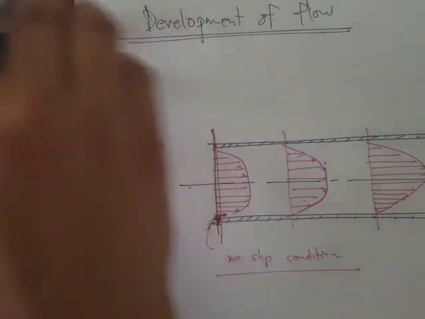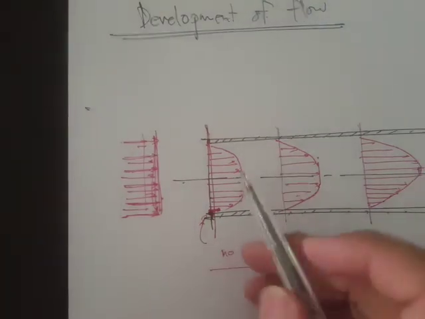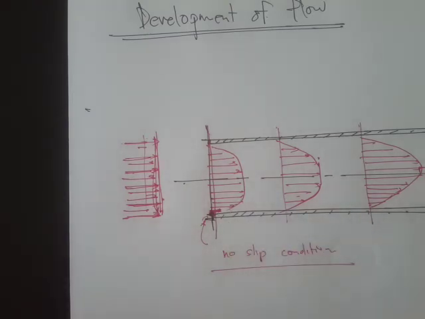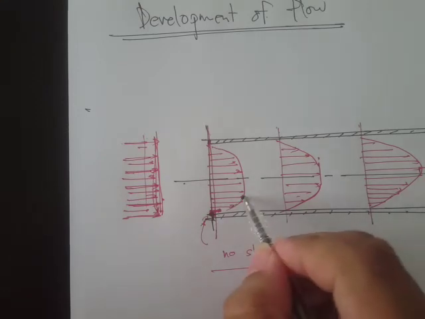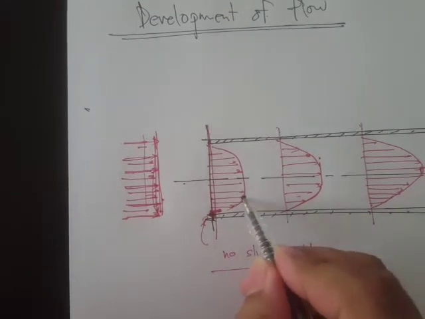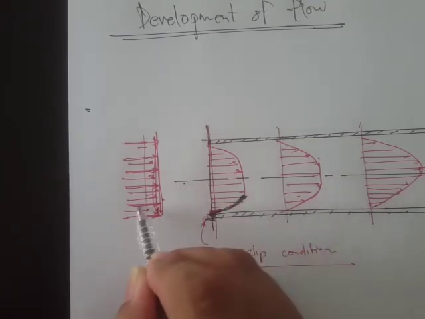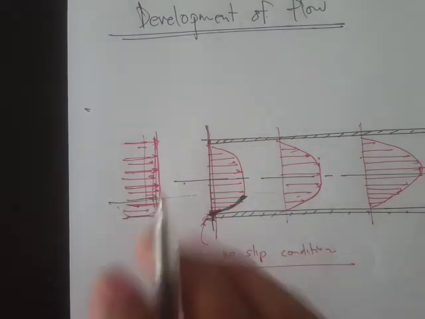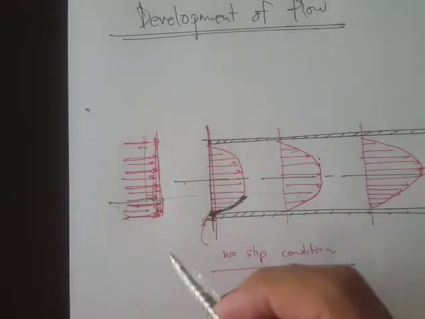You'll notice that because of the presence of the wall surface, there's a retarding of the velocity. From this point to this point, we have a variation in the velocity as compared to the fluid before entering the pipe.